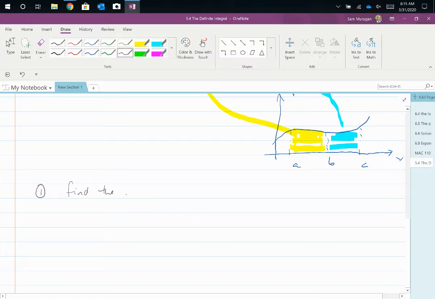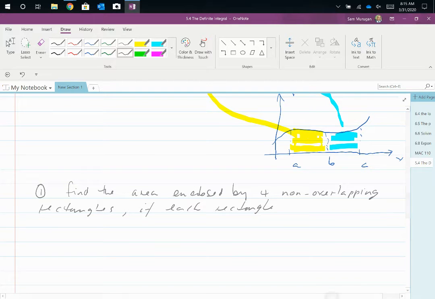Find the area enclosed by 4 non-overlapping rectangles if each rectangle is 7 inches high and 2 inches wide.